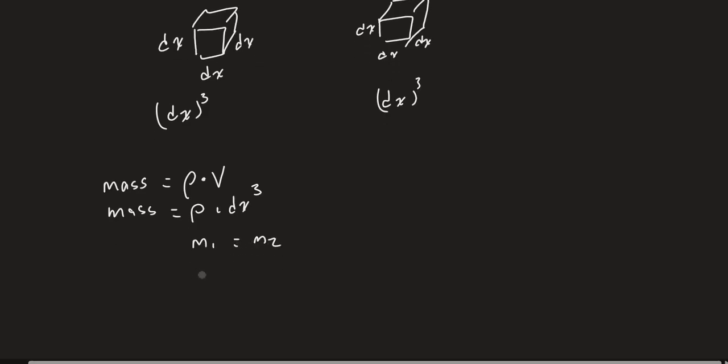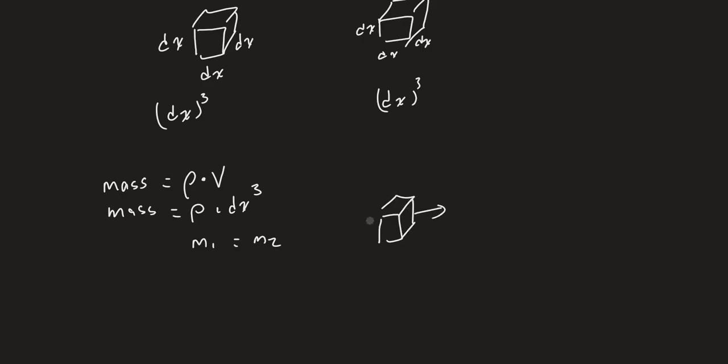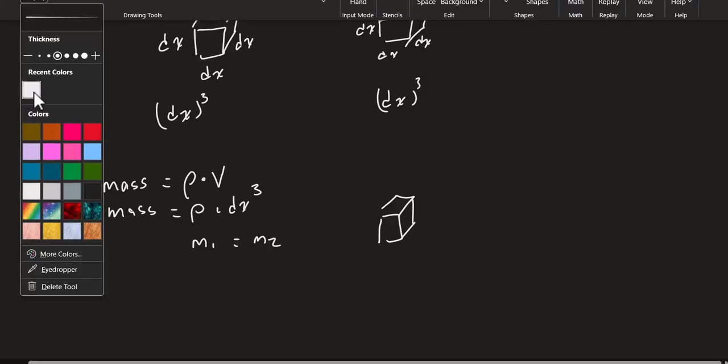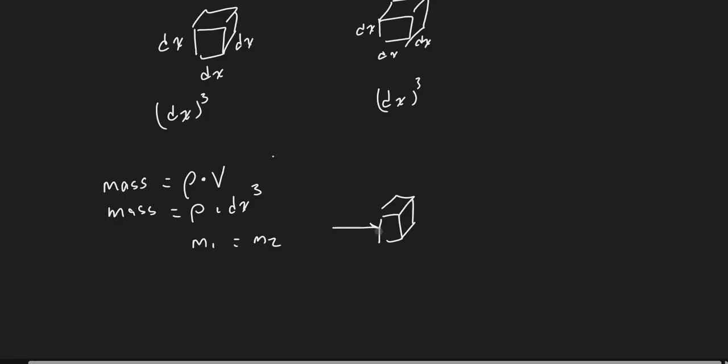And if we look at the acceleration, we know that it's accelerating to the right, and so we have to have a net force to the right. So the force on this side has to be greater than the force on that side. So the net force equals the force on the left minus the force on the right.